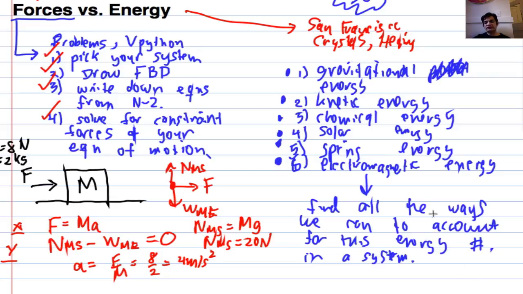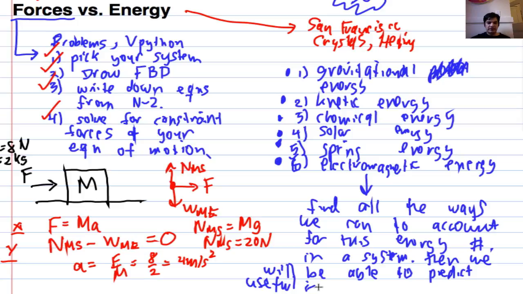And by doing this little trick of accounting for where all the energy goes in a system, we will actually be able to predict useful things. And here's what I mean by useful. Things like velocity, displacement, forces acting on the system, spring compression, whether your building is going to fall down or not, whether your bridge will hold.